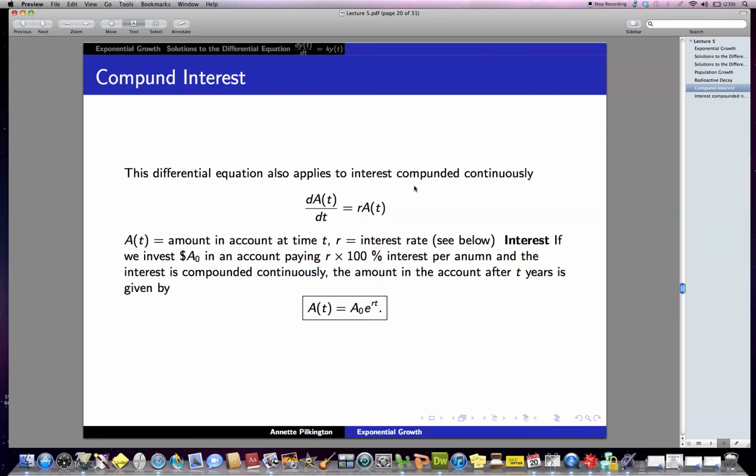Hopefully it's increasing at a rate r times A of t, and this obviously is a differential equation, and the solution is A of t, the amount in the account at time t, is going to be the initial amount times e to the rt. So after t years, the initial amount A naught will grow to A naught times e to the rt.